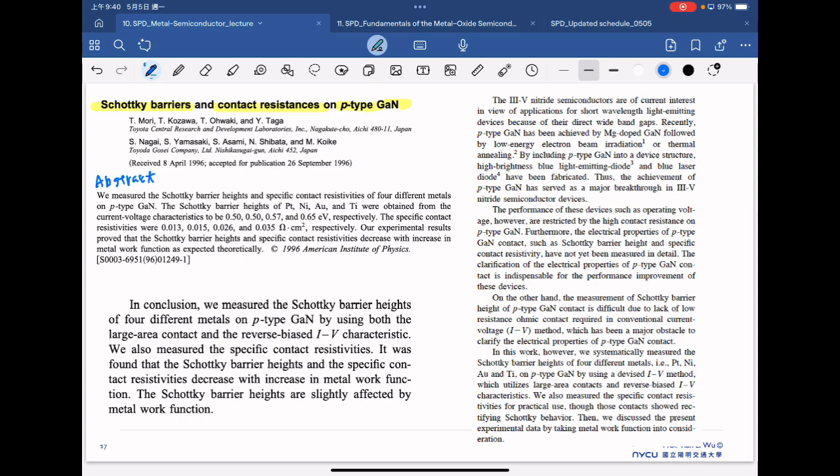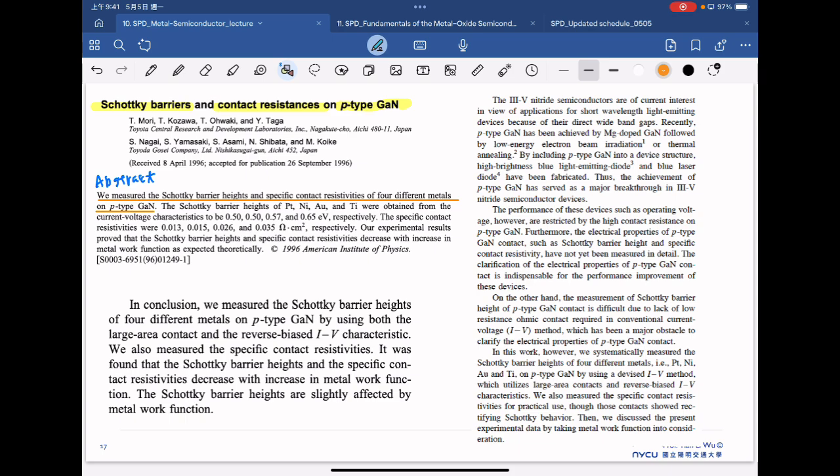We can see that the first sentence follows the same format we mentioned when we went through similar literature: the first sentence is just a general summary. It says that we measure Schottky barrier height and specific contact resistance of 4 different metals on P-type gallium nitride.